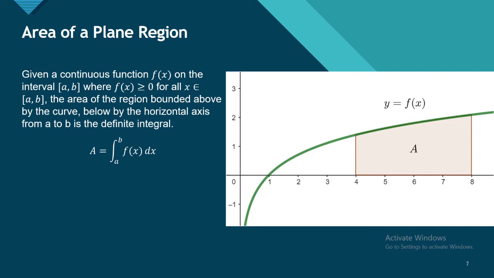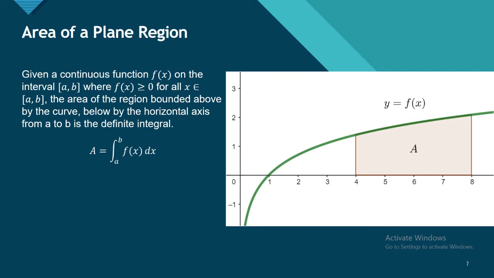Anti-differentiation is like reverse engineering the results of differentiation. And so those two interpretations, the integral as the area of a plane region and the integral as the antiderivative, are put together in one theorem, which we call the fundamental theorem of calculus.